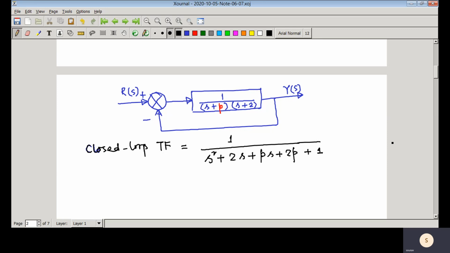We can represent it as s square plus 2s plus 1 plus p common, so p times s plus 2.